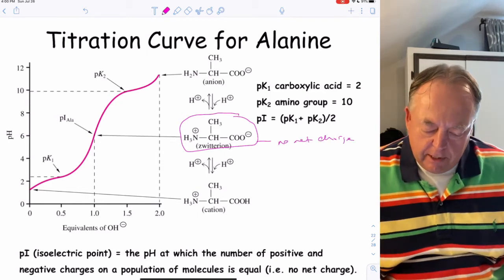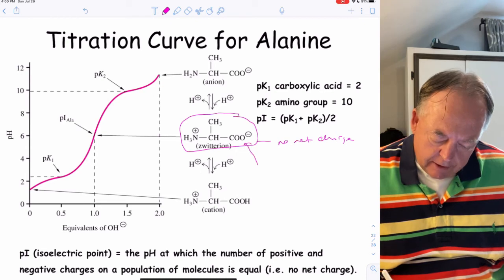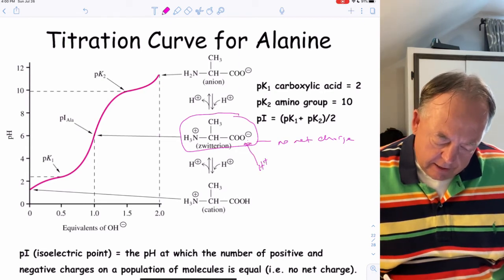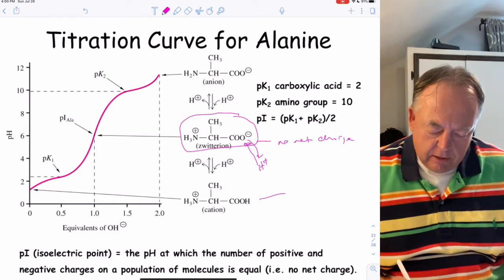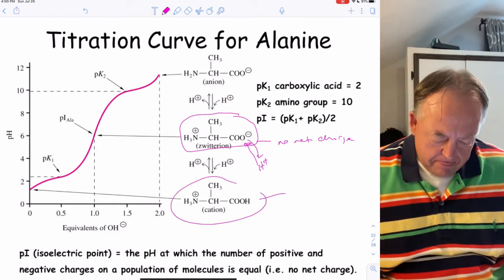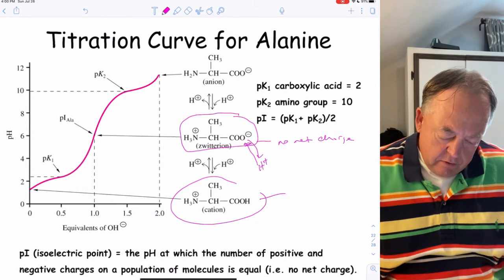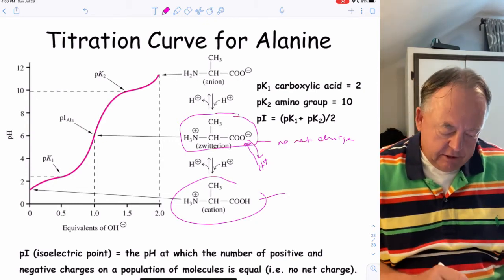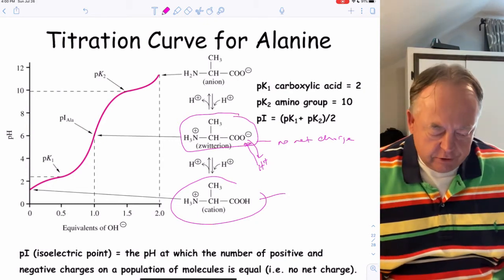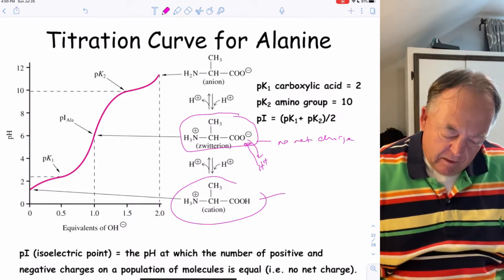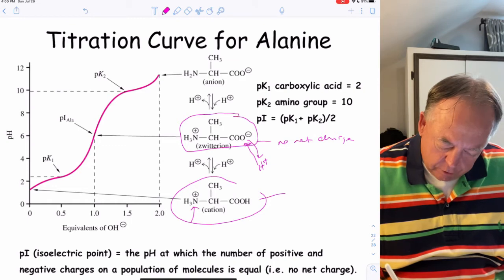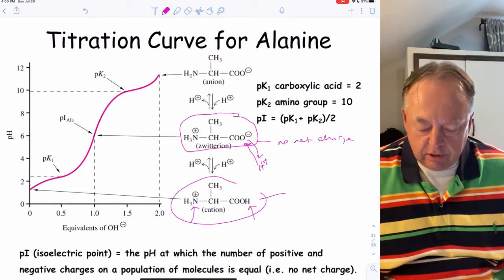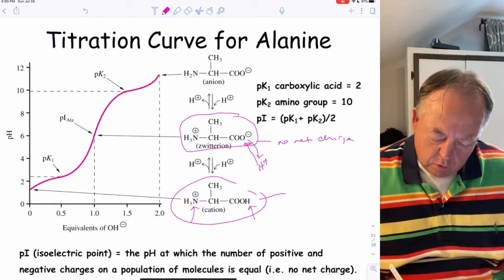If you drop the pH, then you can put a proton on that oxygen, and so at low pH, your amino acid is going to look like this. And then if you start increasing the pH, you have what's called a titration curve here. You could deprotonate here, or you could deprotonate there, so it's got 2 acidic hydrogens, and the most acidic one is that one.